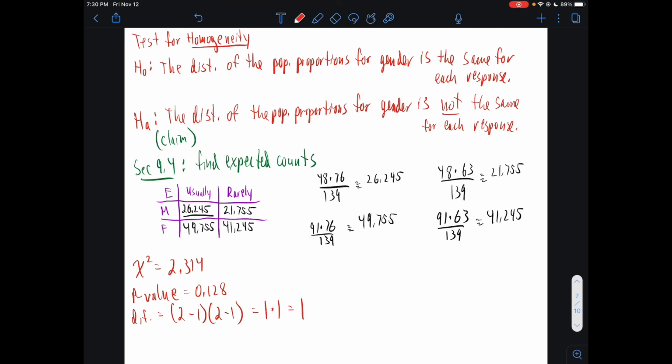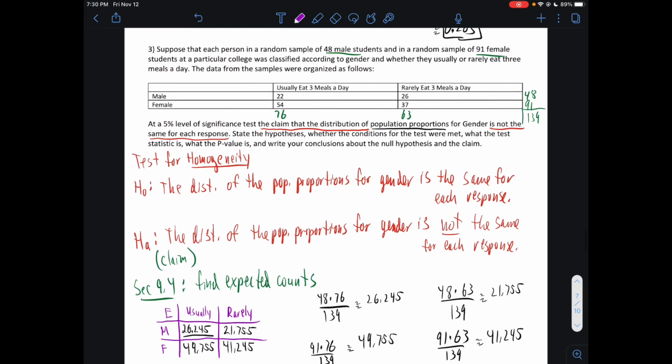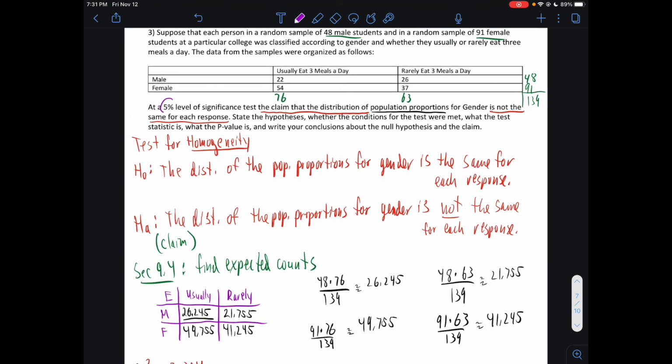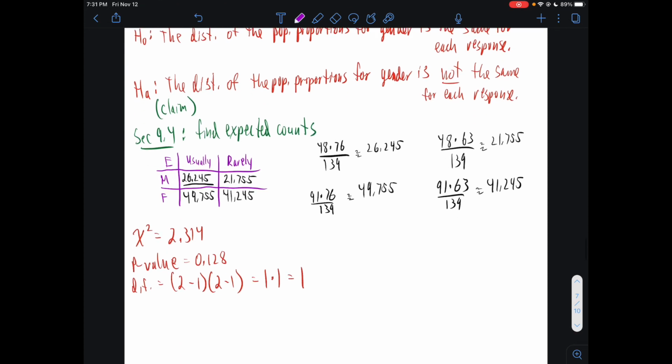And so then finally we compare our p-value to alpha. Our value for alpha was 5%. That's our significance level. And our p-value is greater than that. So what does that mean?